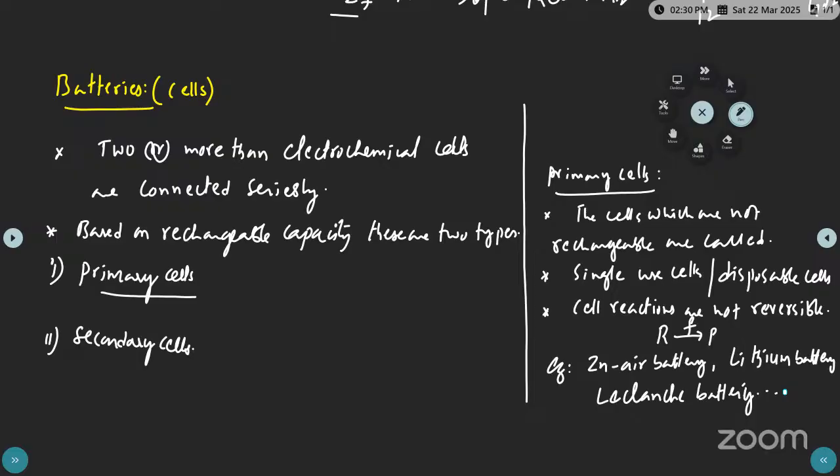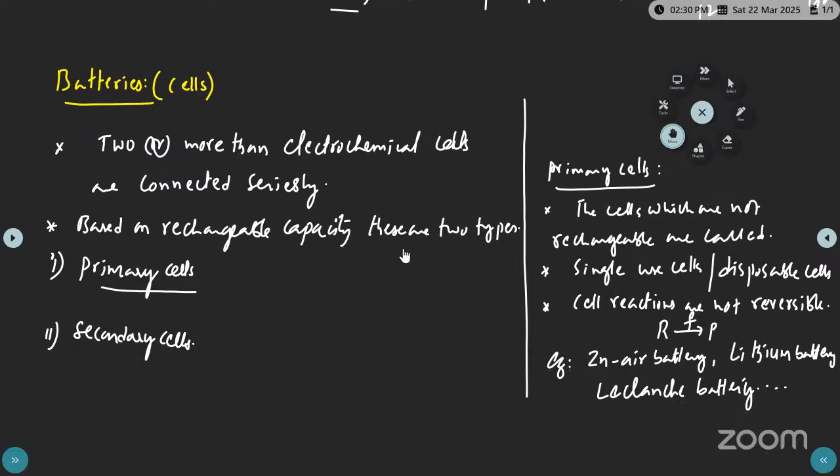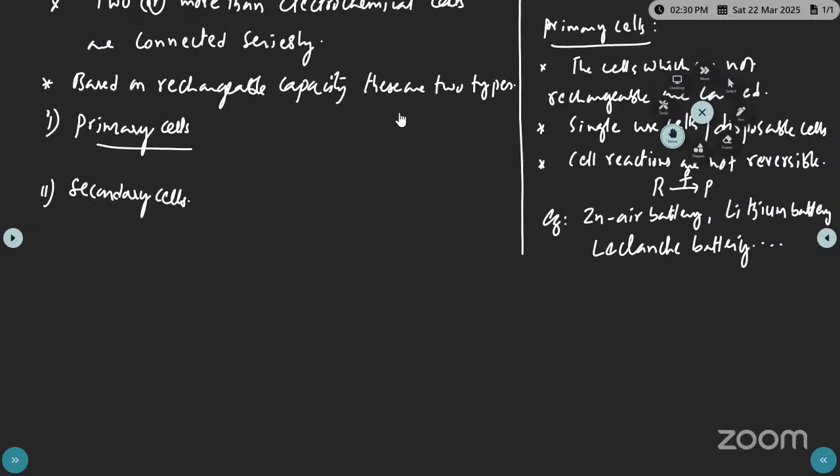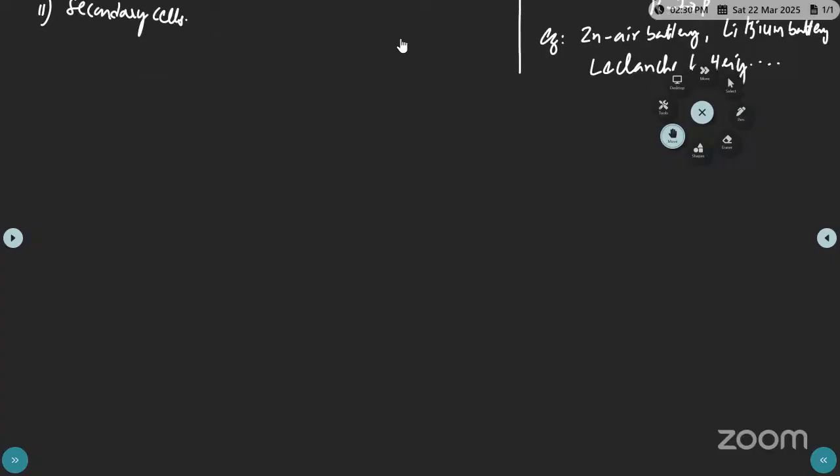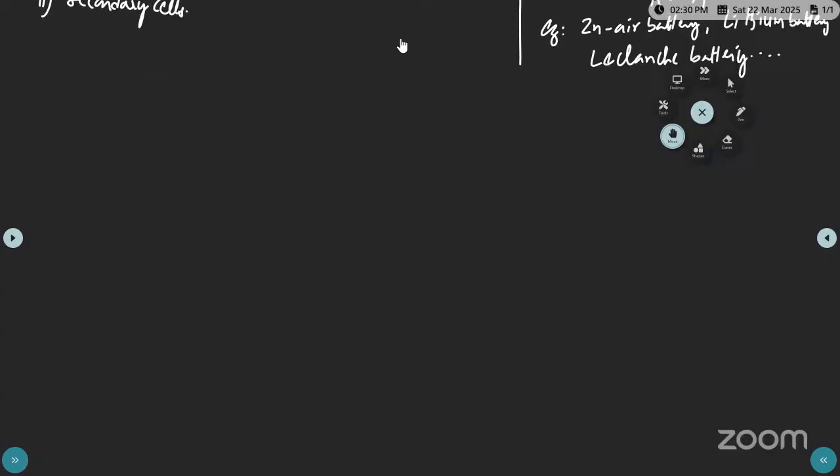And next, secondary cells. What are secondary cells?